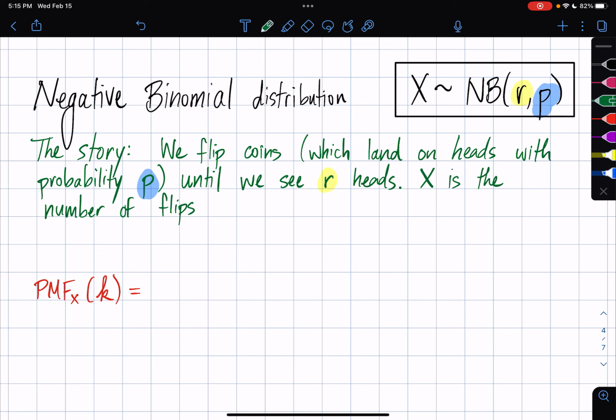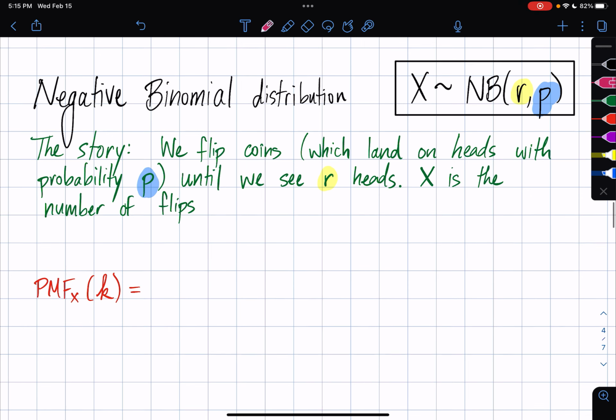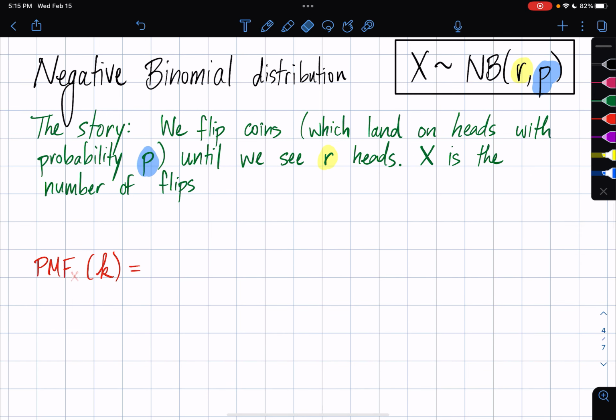Okay, so let's try and illustrate this. Let's actually first illustrate this instead of by using X. Let's make another variable Z, and let's say that Z is negative binomial, and we'll specify the R. The R is going to be 4, and we'll keep the P just P here.